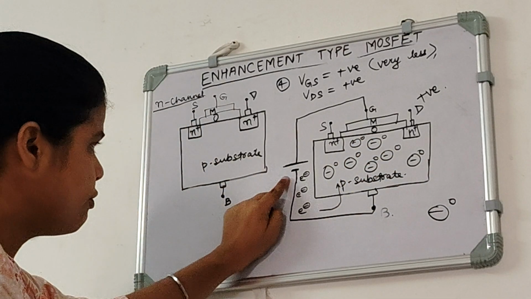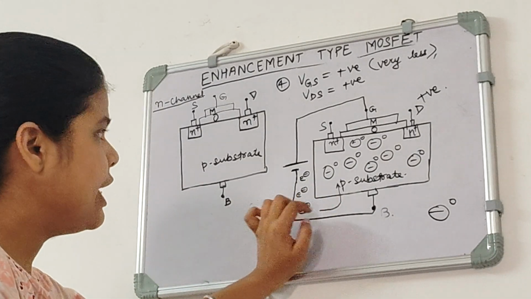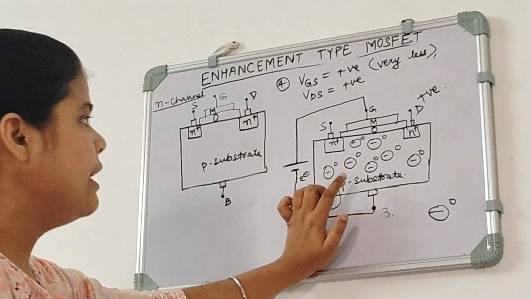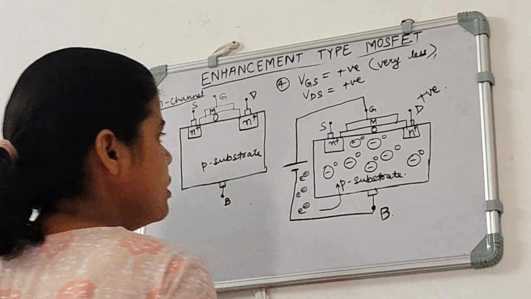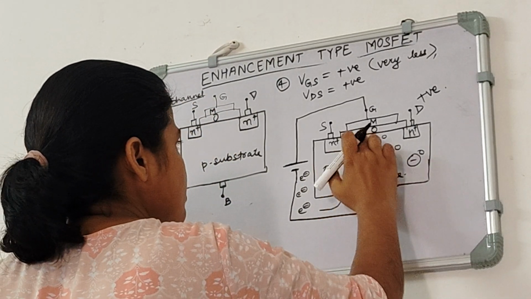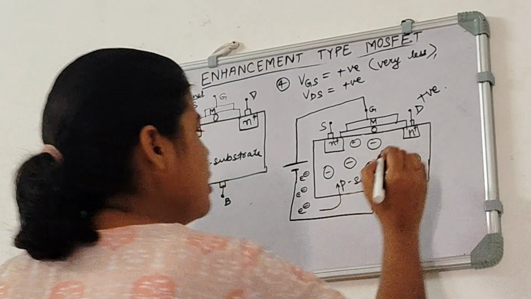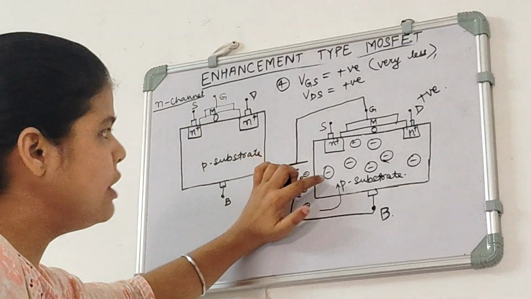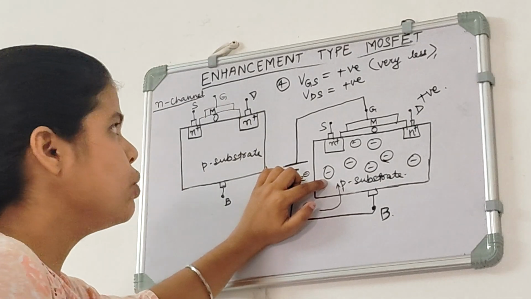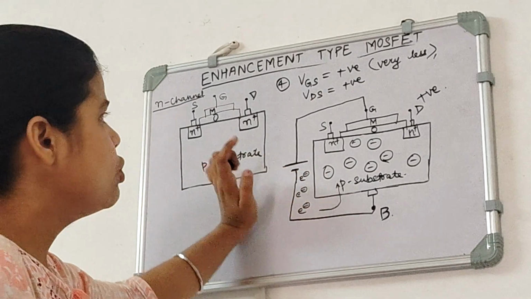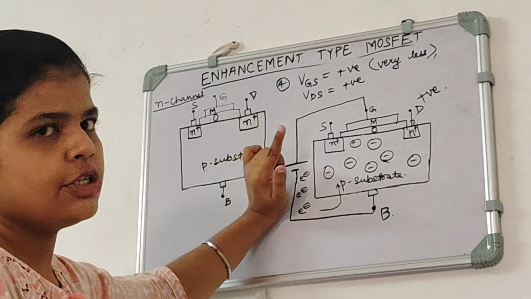So these electrons from this negative terminal will come and go to the P substrate, and there they will recombine with the holes of the P substrate, and then we will be left only with the negative ions. When all the electrons recombine with the holes, we will be left only with negative immobile ions. But these immobile ions won't be able to create the channel, so still our current will be 0. So when VGS is positive but less in magnitude, our current is still 0.